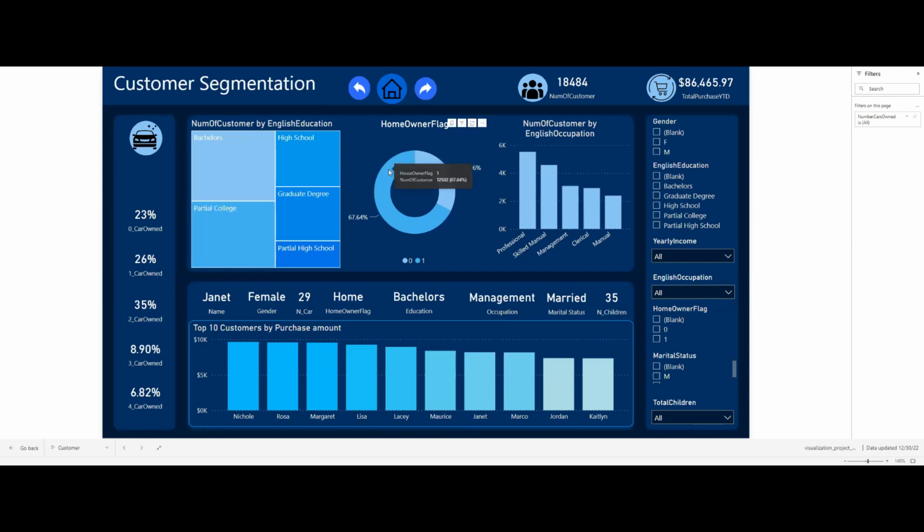Okay, this is the customer segmentation. Customer segmentation is really important for the business. First, the number of customers we have and total purchase.